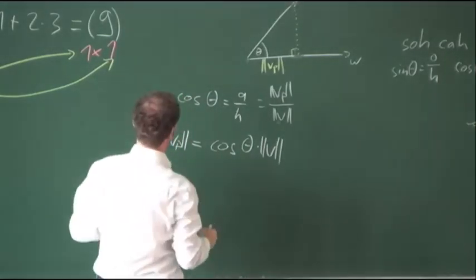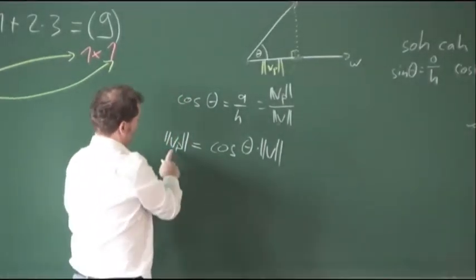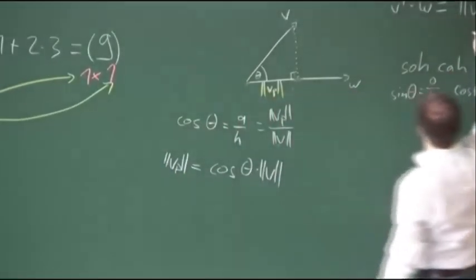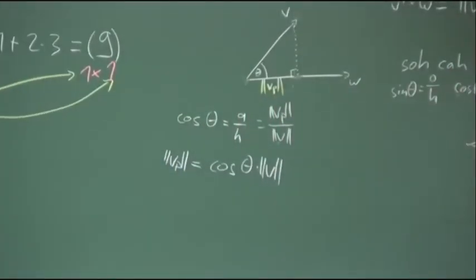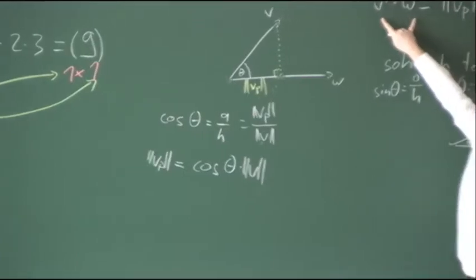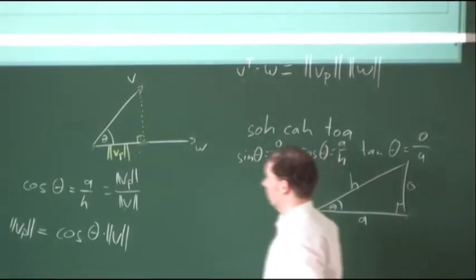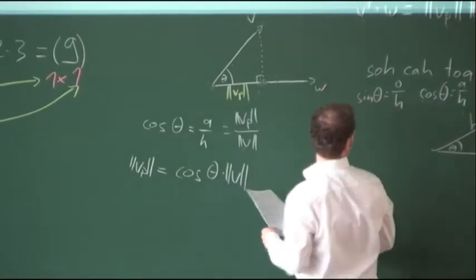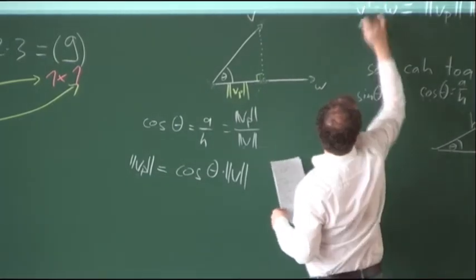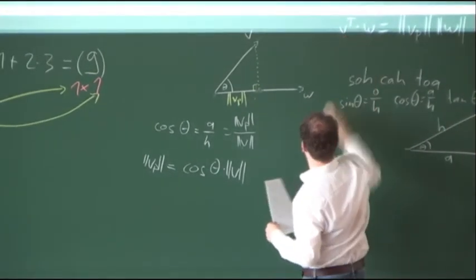So I can plug that in here. If I want to look at the dot product, maybe this will fit in here. Let me take the definition of the dot product.